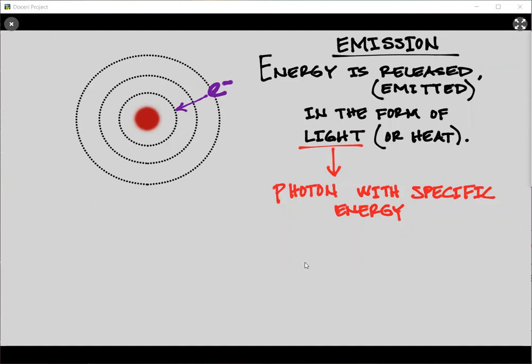All right, so this light, of course, contains photons, and photons contain a specific energy depending on the wavelength. Again, by definition, a photon is a massless packet of energy with a specific wavelength.